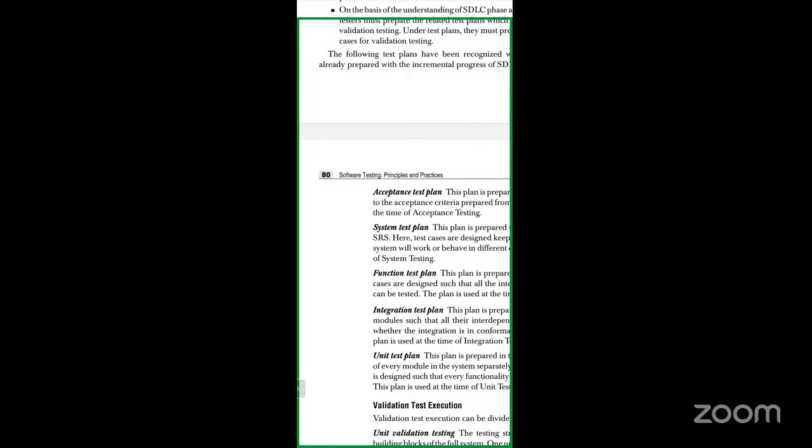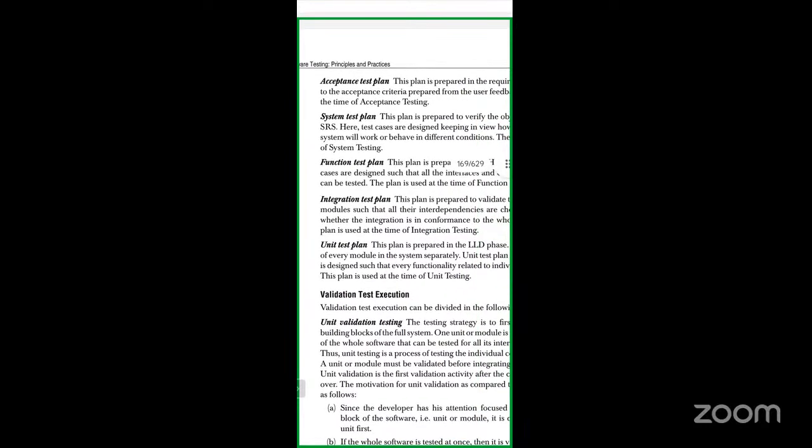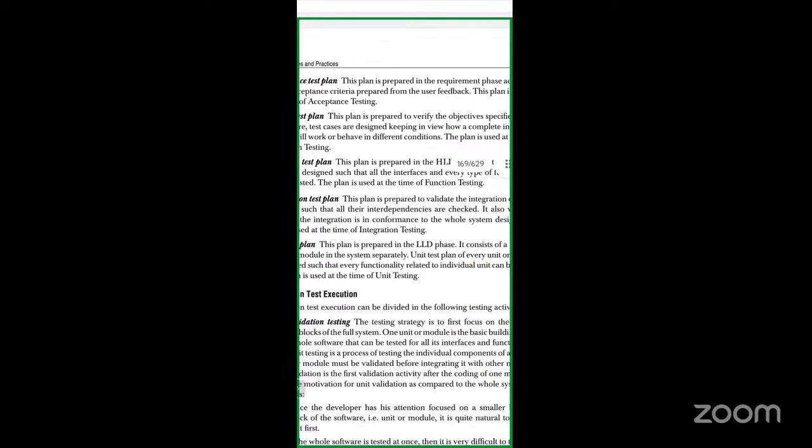In integration testing, we check the interfaces within the modules and how the integration is happening within the project. After the integration, we check how the results are coming for the users. Then we have a unit test prepared for the LLD phase, that is the low level design phase.